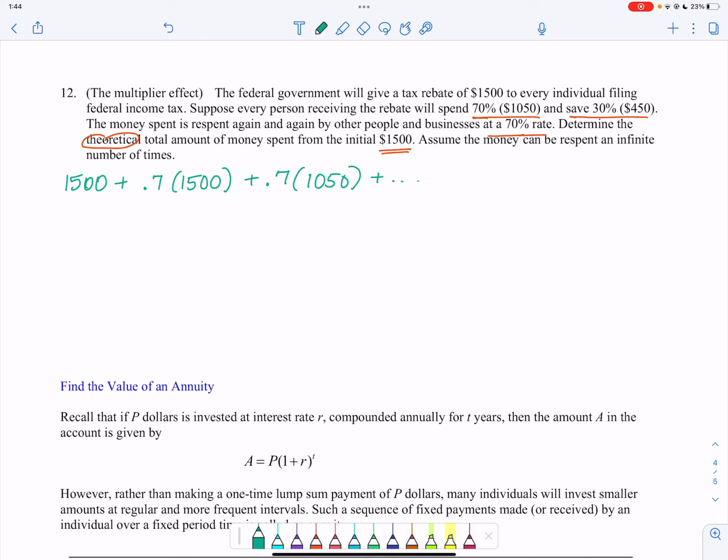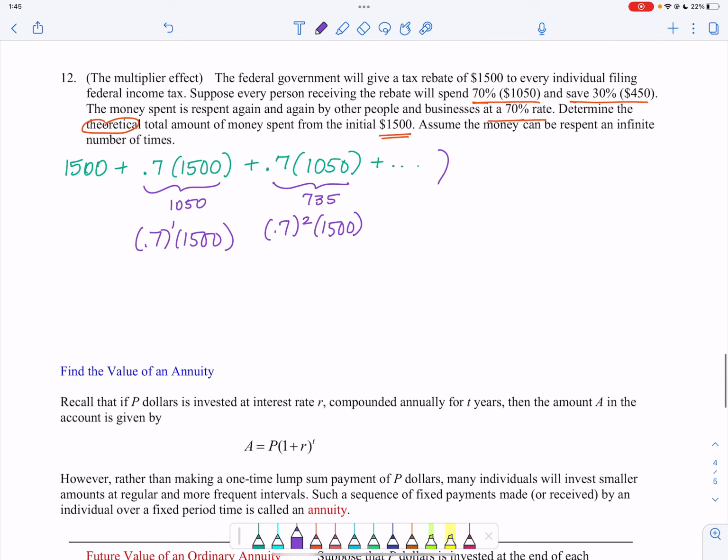As you can see right here, here we have 1050, and here we have 735. And all this is 0.7 squared times 1500. And this was 0.7 times 1500 to the first power.